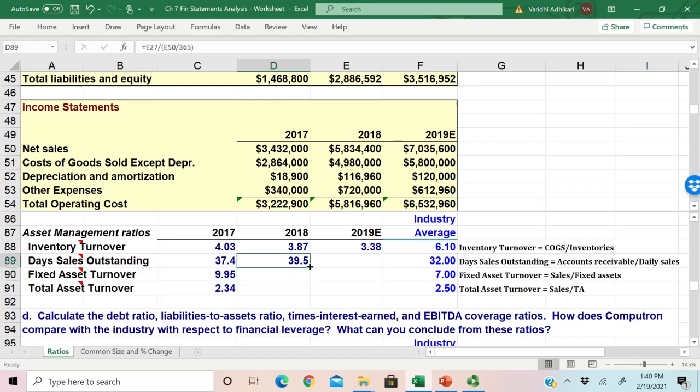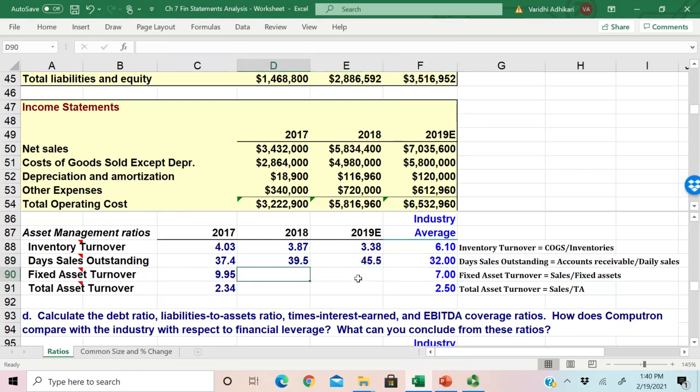So on average, this company takes almost 40 days to collect its receivables. In 2019, it's projected to be even more. This company has a lot of money stuck on receivables. It takes more time than the industry to collect its payments, so it has to do better in collecting its money.